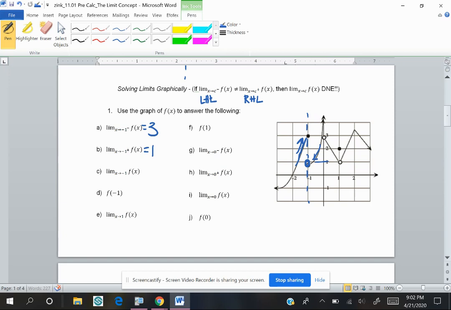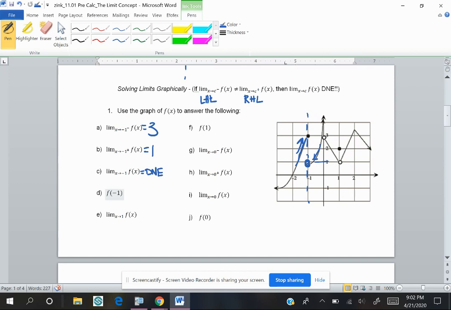Is the limit from the left-hand side, which is 3, the same as the limit from the right-hand side, which we just said is 1? 3 and 1 are not equal. So this is a case where we would say it does not exist, because it's not going towards the same point from both the left side and the right side.